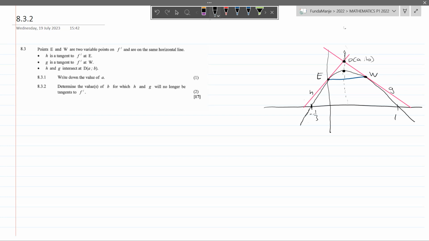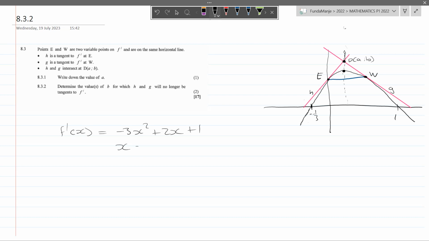So in order to figure out what that value of b is, the threshold, we substitute the value that we calculated of the turning point into the formula of our function. So f prime x is equal to minus 3x squared plus 2x plus 1.